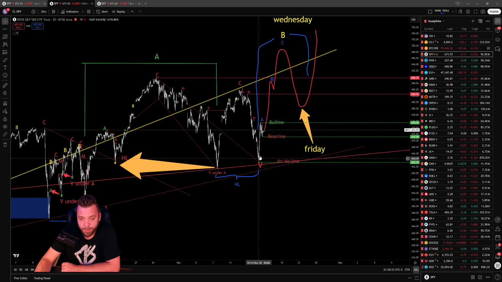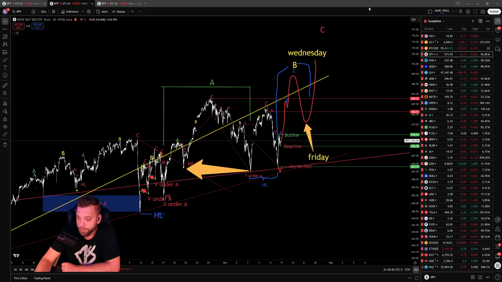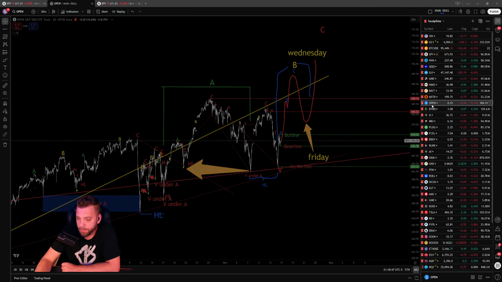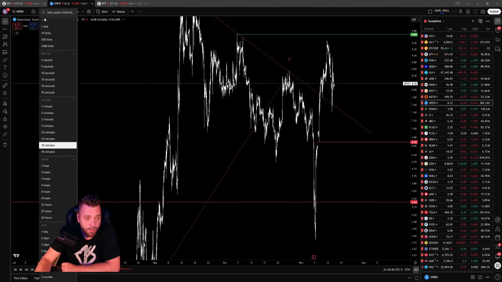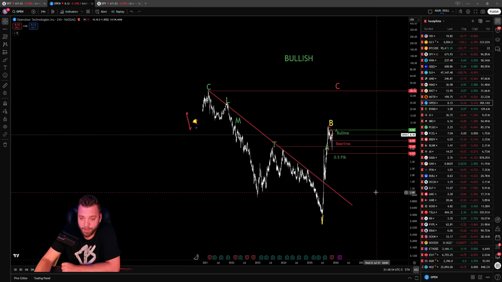If this is the bounce, we get our blow off top. If this is just a lower high, we get our crash. And a long one. Okay, so this was SPY. Next one is open.